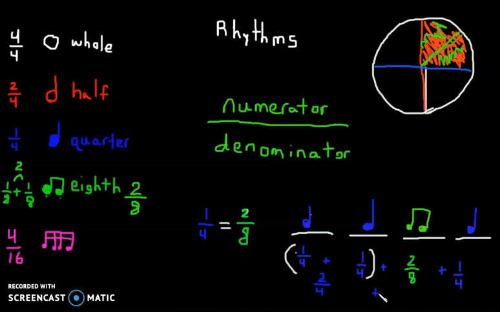Plus, well, let's see, what can we do? We can add this one over together. So 2/4 plus 1/4 equals 3/4.